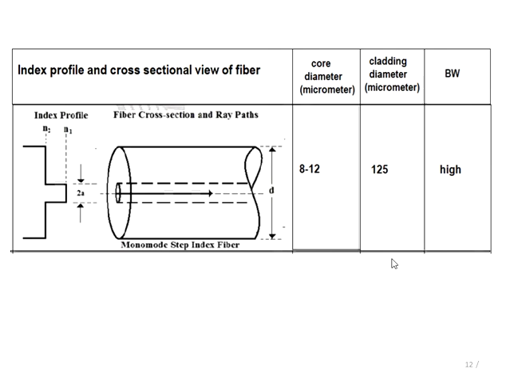Since only one mode is passed through the fiber, definitely the pulse spreading is very less. Only one mode, so it will reach within the time. The pulse spreading will be very less and hence we will get high bandwidth. Single mode fiber will have the highest bandwidth.